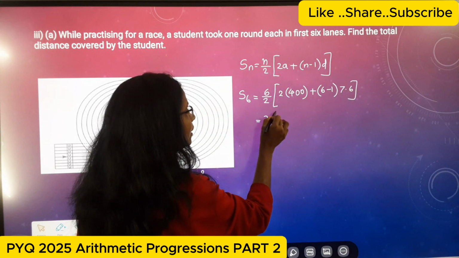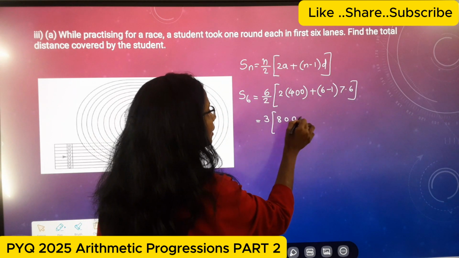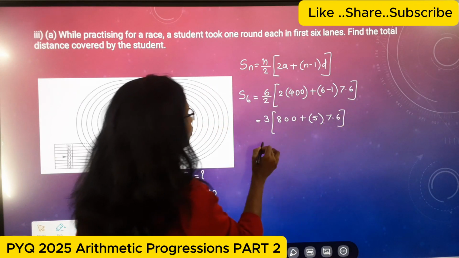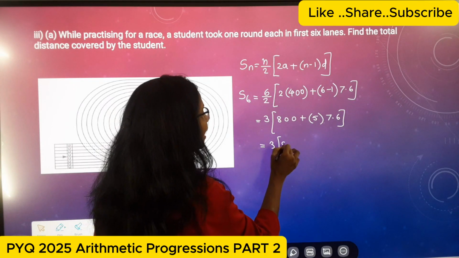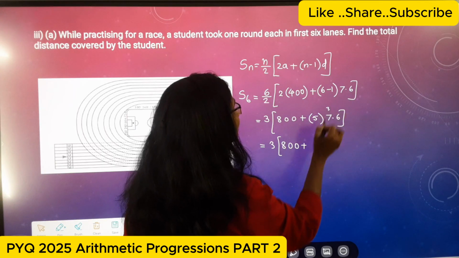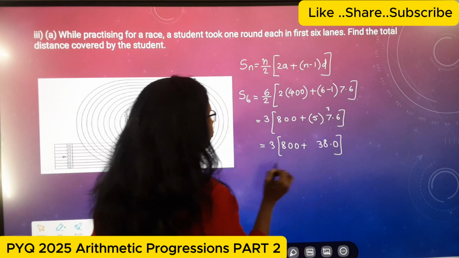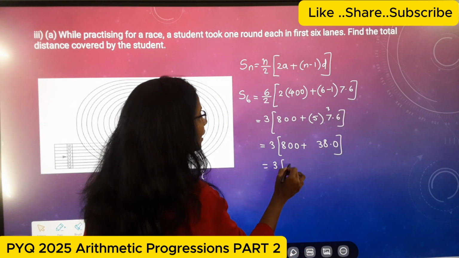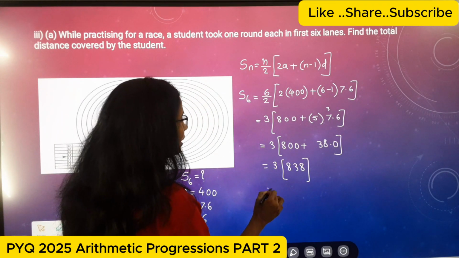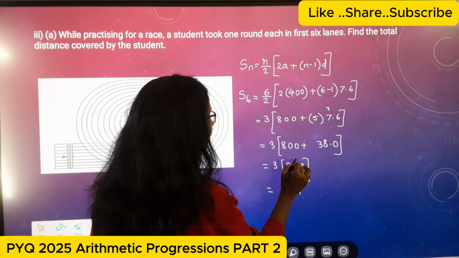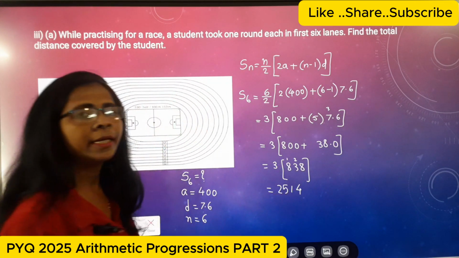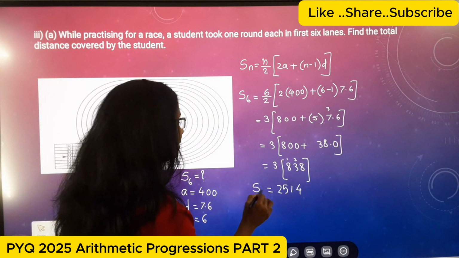So 3 multiply 800 plus 5 multiply 7.6, that is 38. So 3 multiply 838, multiplication, then 2514.